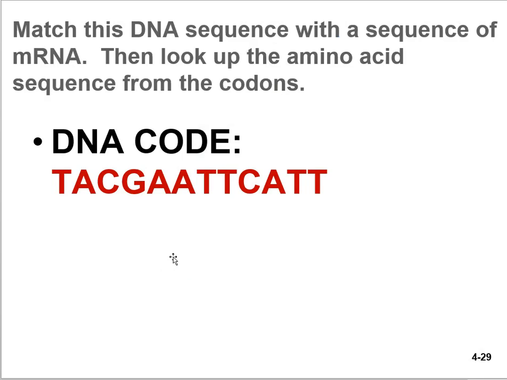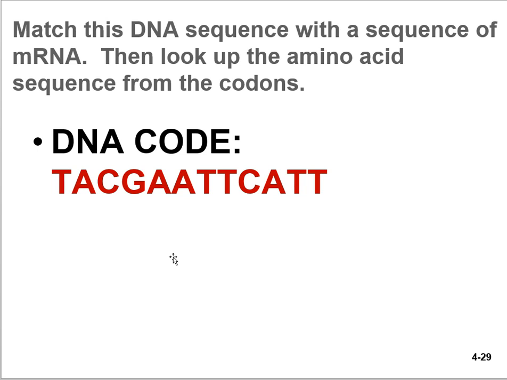So remember when we did this before, we filled in the other side of DNA before, but this time from this DNA code, what I want you to do is match it up with what would be the complementary RNA code. Because this is what happens in the cell's nucleus.